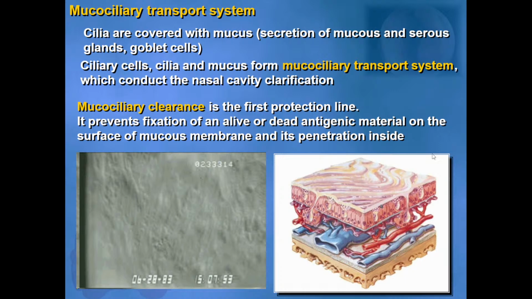So the mucus produced in the nasal cavity covers the pseudostratified epithelium, and this mucus is transported from the nasal cavity by beating of cilia. It's the so-called mucociliary transport system.